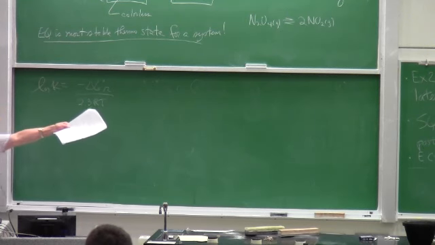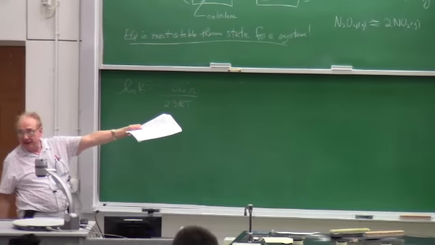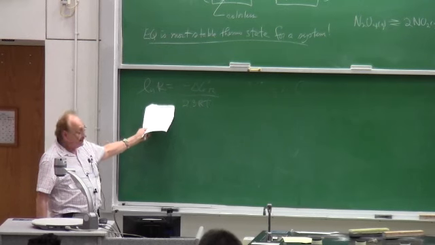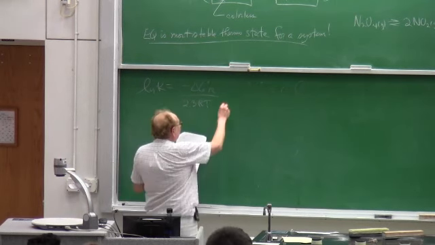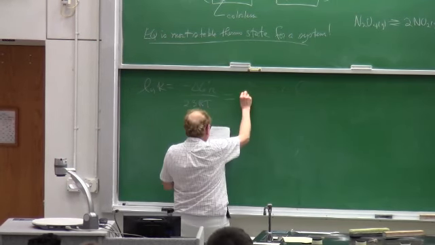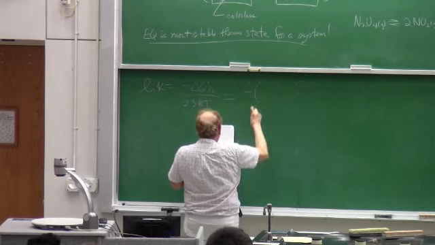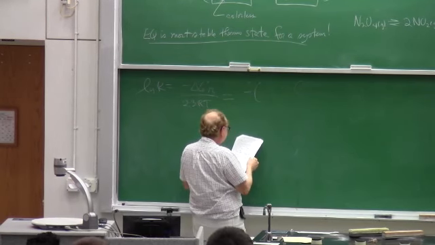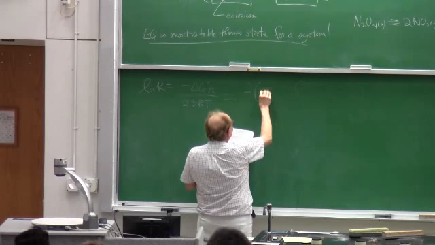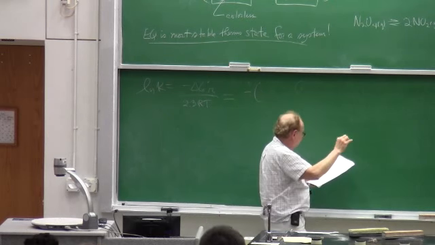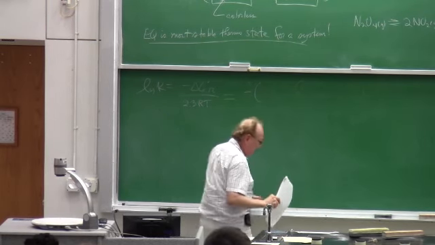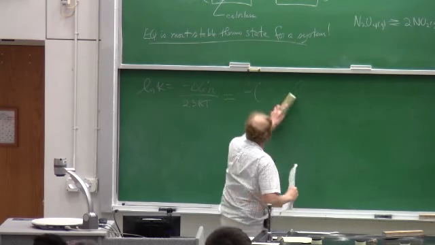From our delta G0 equals minus 2.3 RT log K, we're going to rearrange that to get log K. And I'll put that in here. Left out a step, pardon me.